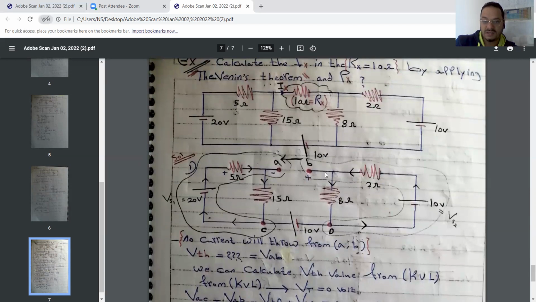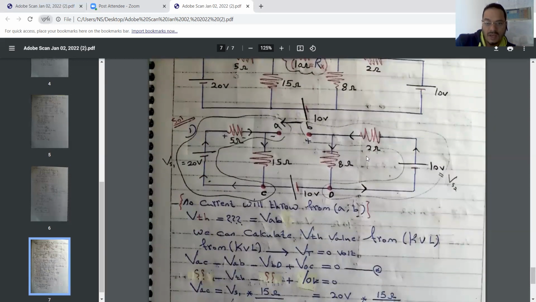We have three different independent voltage sources in the circuit. I forgot this one, but it's not important, and we will know why it's not important. Here, it's like an open circuit. At first, we can calculate the Thevenin resistance.